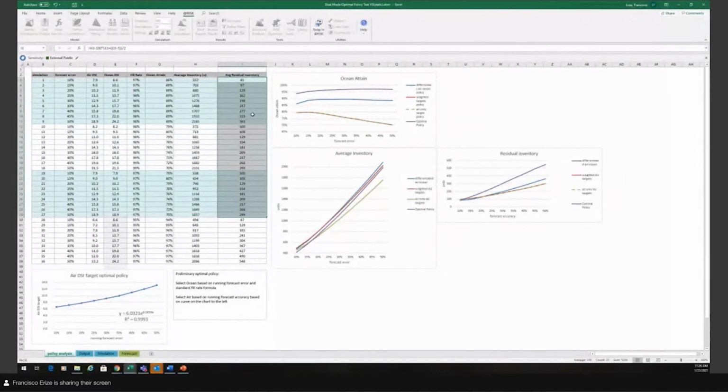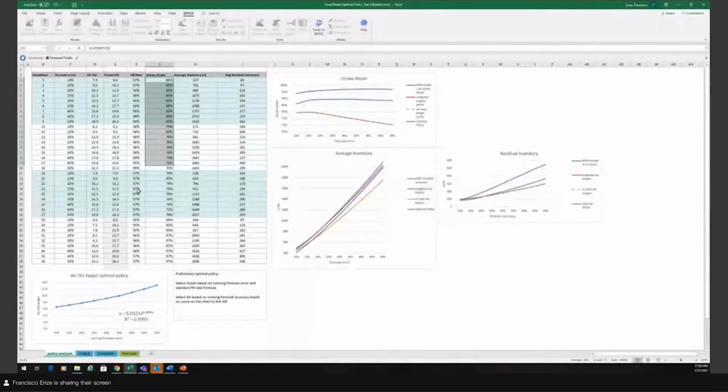But for now, it was just information that I could use to understand how this was coming up, because I could track the average inventory position, and I can track the ocean attainment, which allows me to do economic analysis. I didn't put it here, but I can run on each of these what's the total fulfillment cost once I have generic costs for fulfillment of ocean and air and the inventory holding cost for the units.